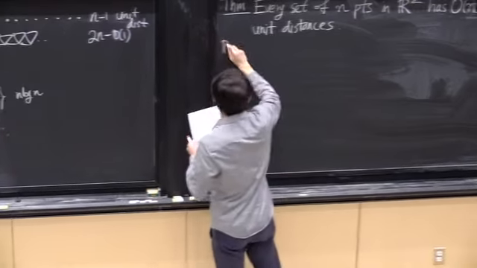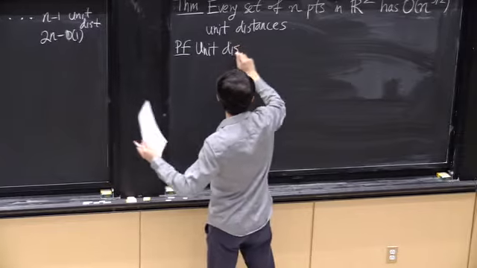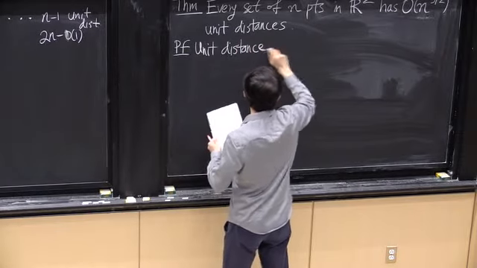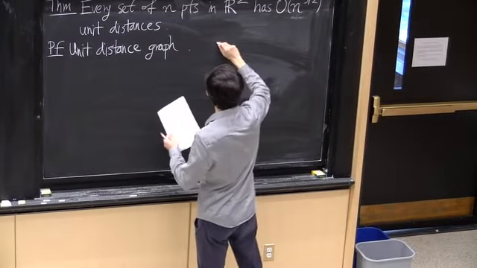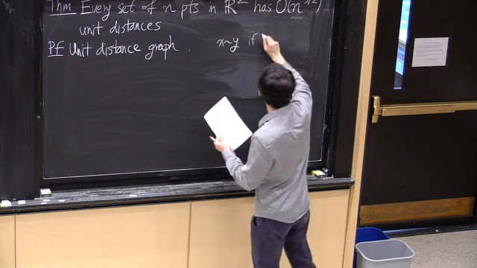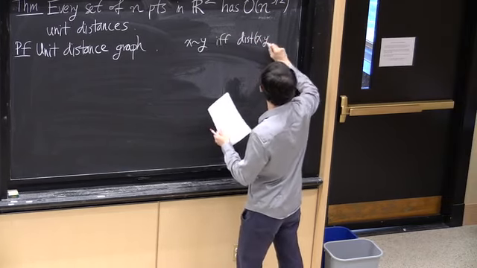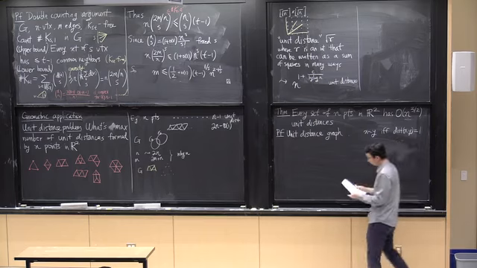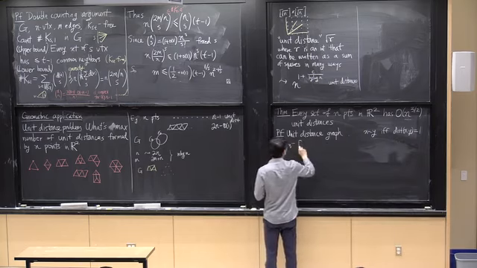So it's much better than the trivial upper bound. Okay, so here's the proof. So let's consider the unit distance graph, which is basically the graphs I've been drawing, where you have the vertices, the points, and I join an edge between two vertices if and only if their distance is exactly 1. I claim this graph is K_{2,3}-free.